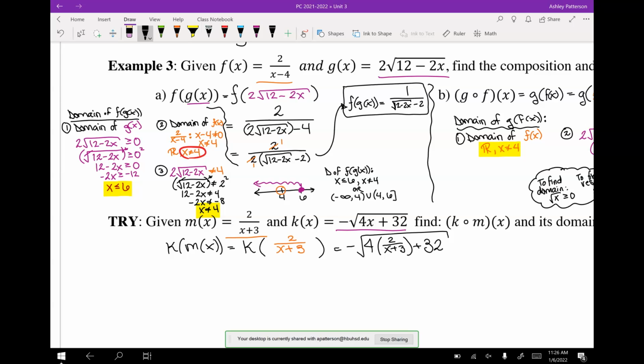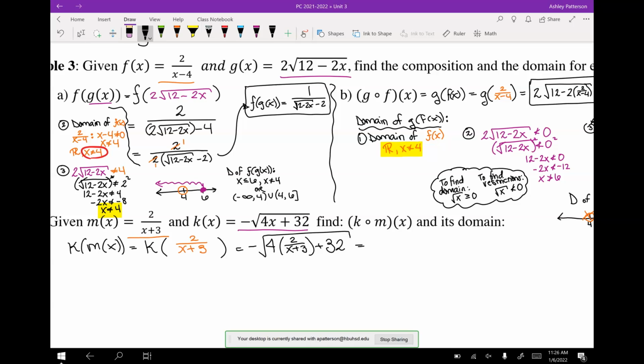If you can, you must. So we have negative square root of, they both have a 4 in common, so we end up with 2 over x plus 3 plus 8. What's the square root of 4? 2, yes. So our final answer should be a negative 2 times the square root of 2 over x plus 3 plus 8.